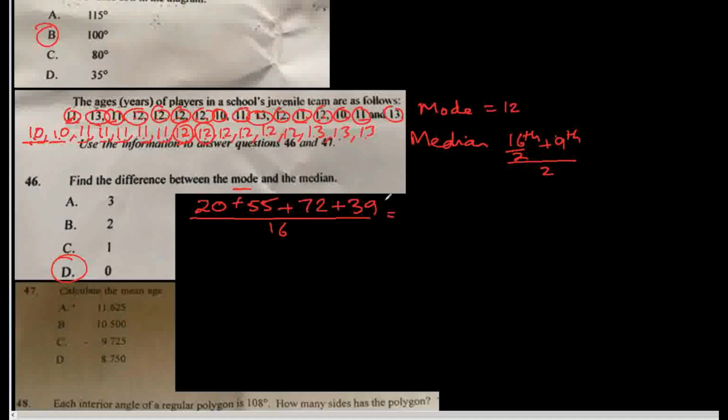This will give us the mean. So 20 plus 55 is 75, plus 72 is 147, plus 39 is 186, divided by 16 is 11.625, which is A. Alright.